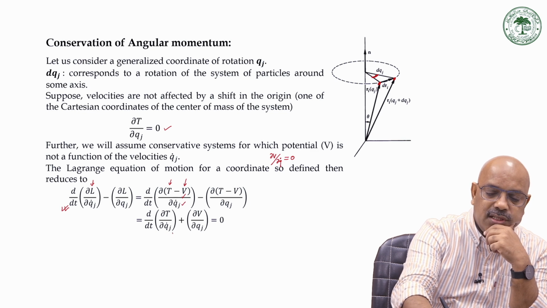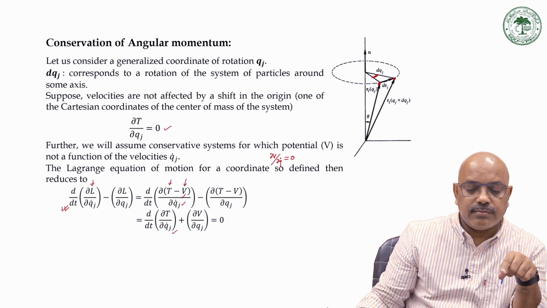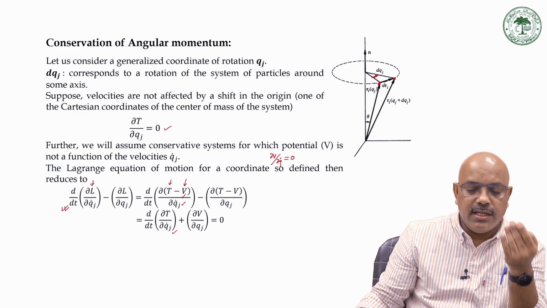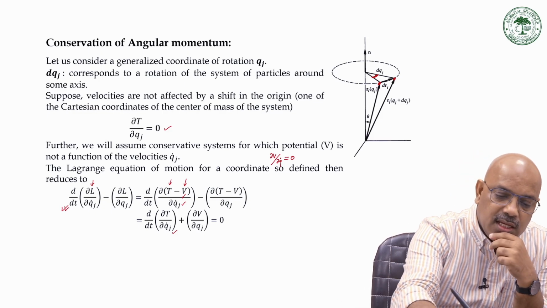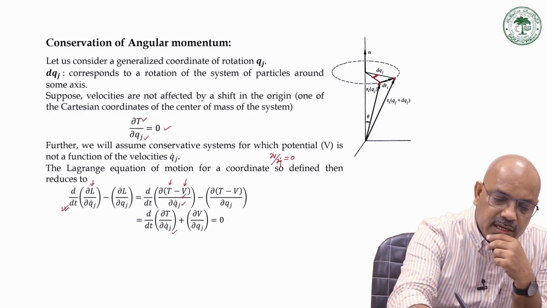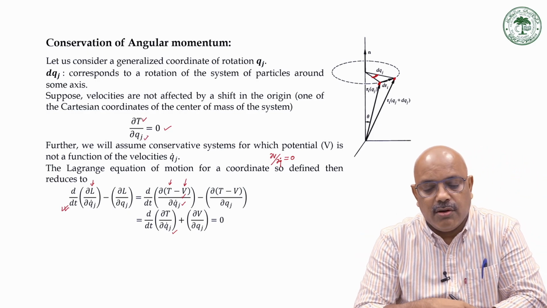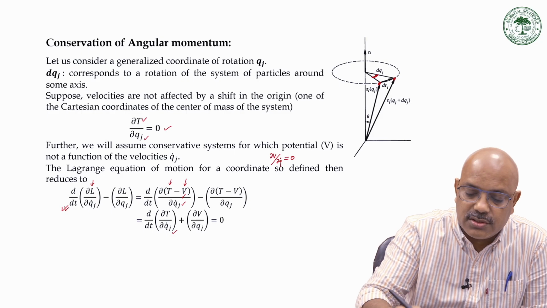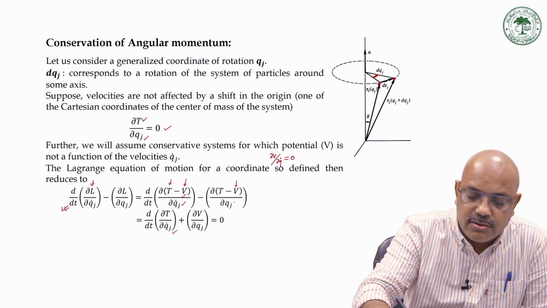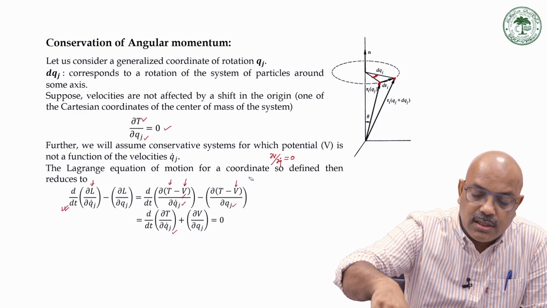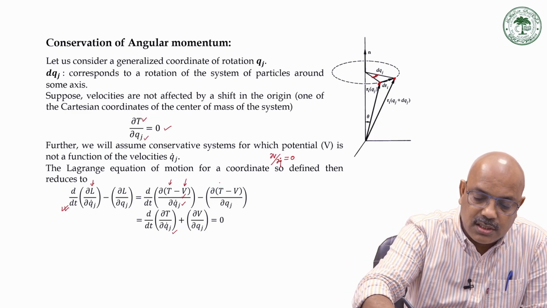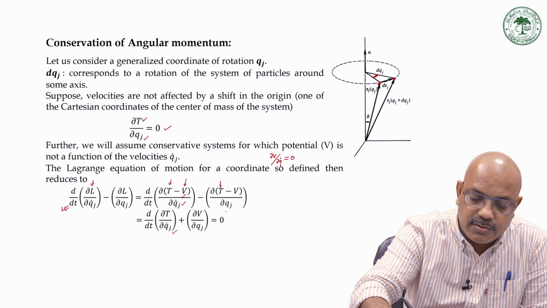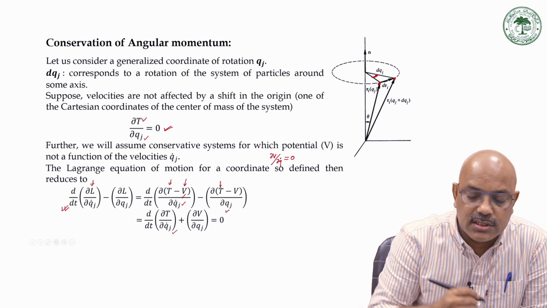So you have d dt of the partial derivative of kinetic energy with respect to q dot. Similarly, you demand that the velocity is not being affected by the motion of this coordinate, so the kinetic energy is not going to contribute to the position derivative part with respect to qj.